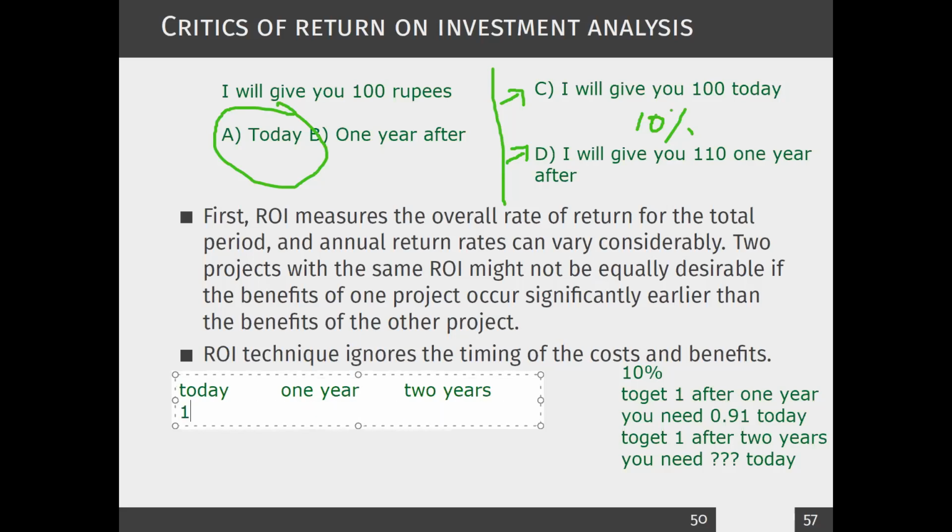Let's say we have 100 today. After 1 year with the 10%, we are getting 110.